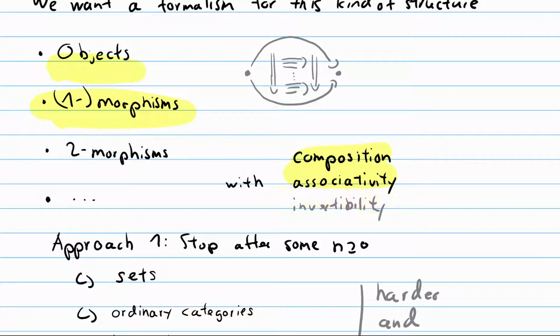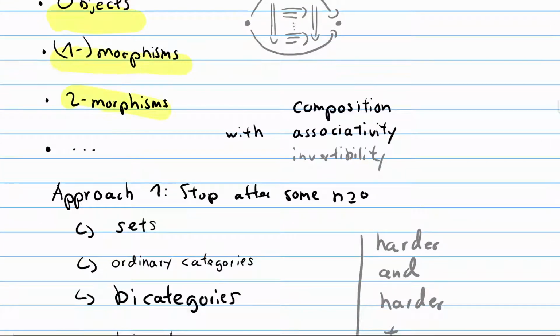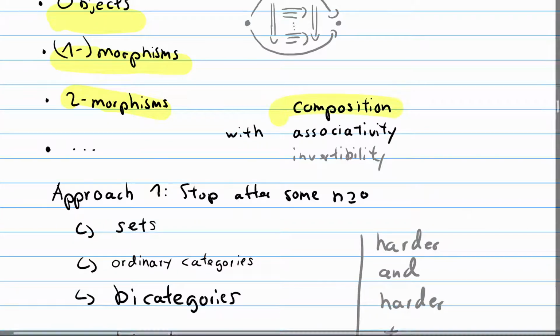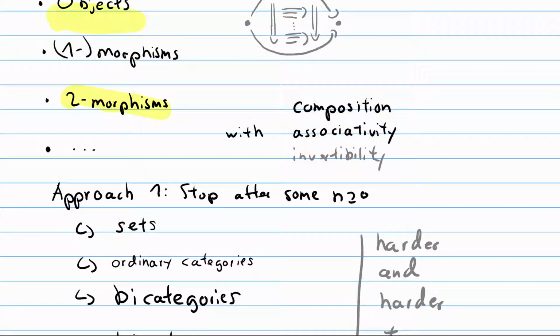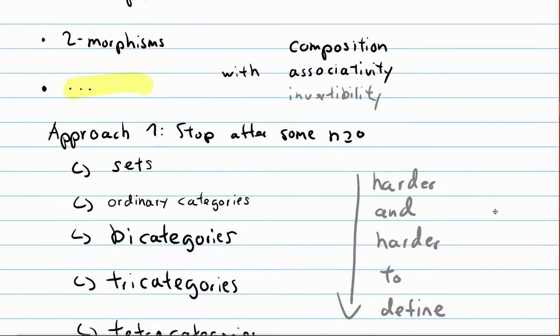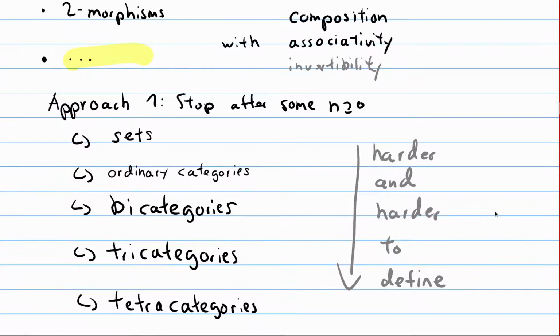Good. And what if we add some more stuff? If we talk about one-morphisms and two-morphisms, we get these things called bicategories or general two-categories, of which there are multiple, so depending on your choice of axioms you get different definitions. And the thing about this is that the more and more morphisms you try to add, the more difficult it gets to define them rigorously in a nice manner. So for n equals 3 you get tricategories, or for n equals 4 you get tetracategories.